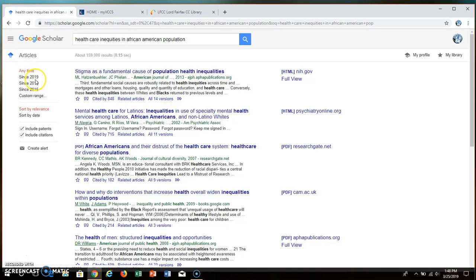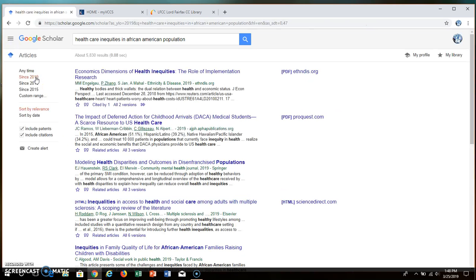What I want to do is find the most recent data, so I'll click since 2019 and hit custom range, and I'll make my range from 2015 to 2019.